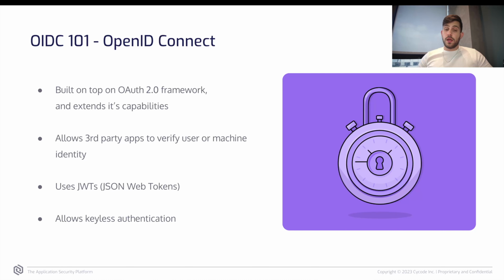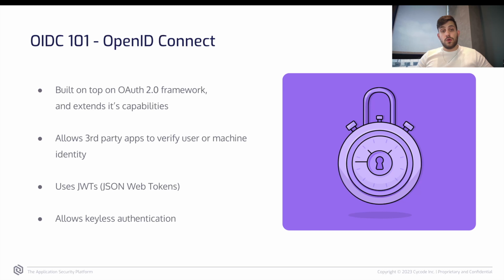We are talking about secrets and access tokens that are long-lived, meaning we can use them many times for a long period of time, and we have no control over who is using them, who has access to them, and we have no idea if they have been exfiltrated or not.